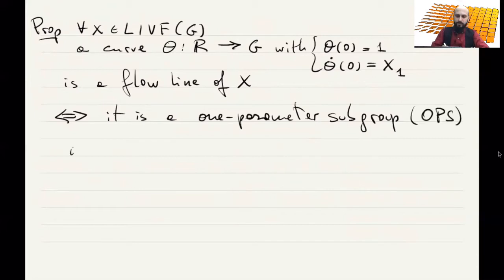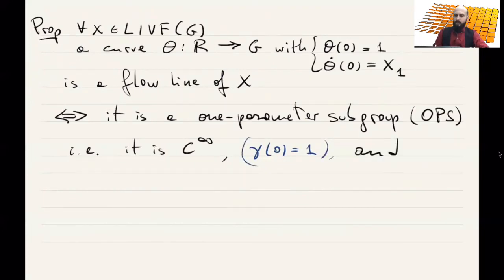What does it mean? This means that it is smooth, gamma 0 is 1, which I put in parentheses since this is trivial in this case, and it is a morphism: theta of s plus t equals theta s times theta t.